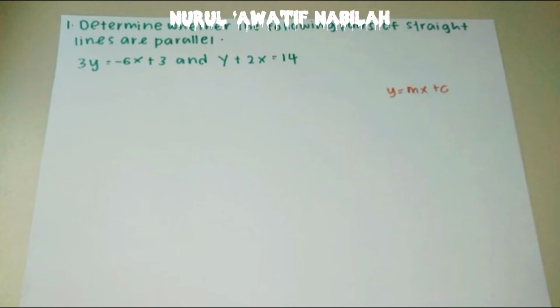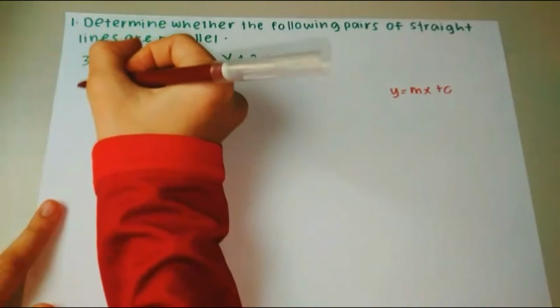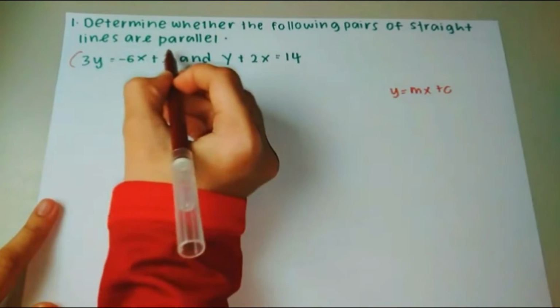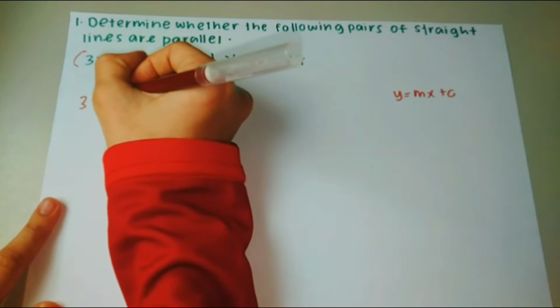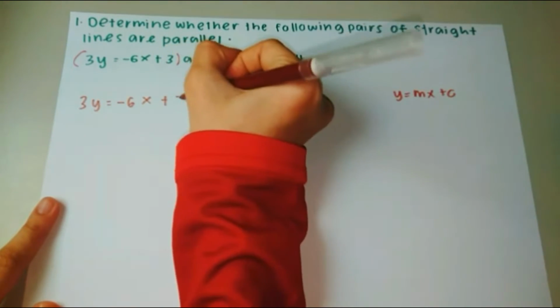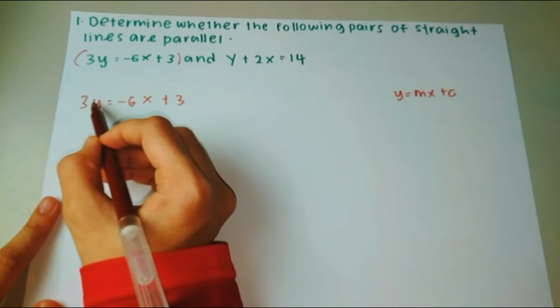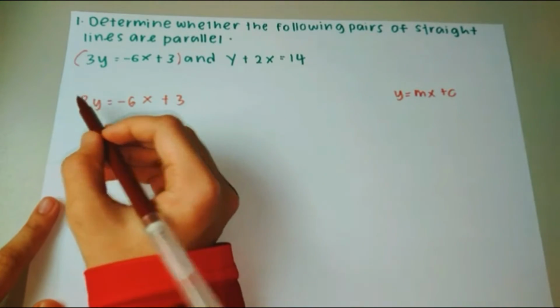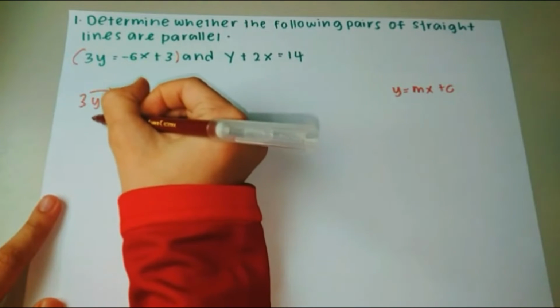Okay, question number 1. Determine whether the following pairs of straight lines are parallel. First, we have to solve the first equation, 3y equal to negative 6x plus 3. We have to use the equation y equal to mx plus c to solve this question. We have to bring the 3 to the back.